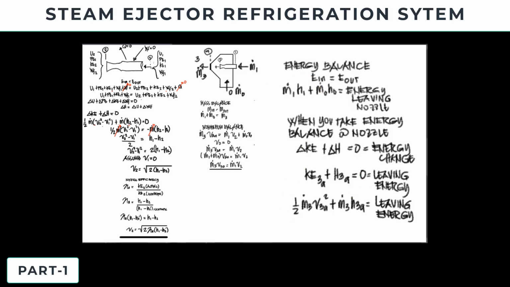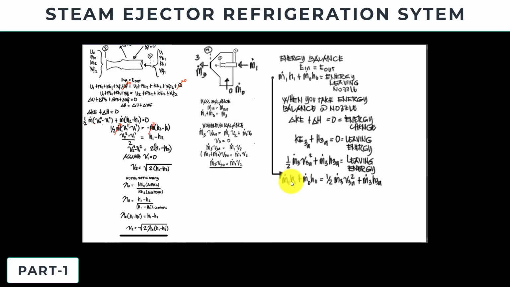I can rewrite it as mass flow rate 1, enthalpy 1 plus mass flow rate O, enthalpy O, which is equal to 1/2 mass flow rate 3, velocity 3A squared plus mass flow rate 3, enthalpy 3A.